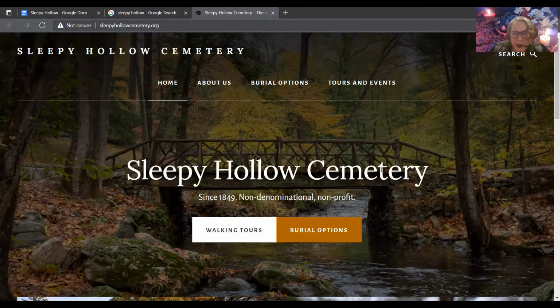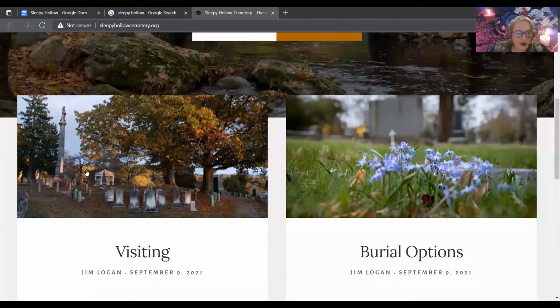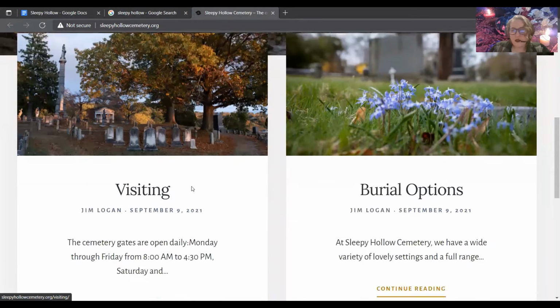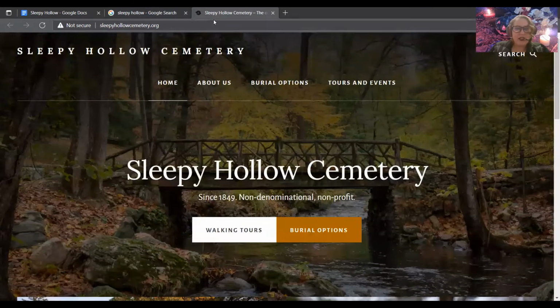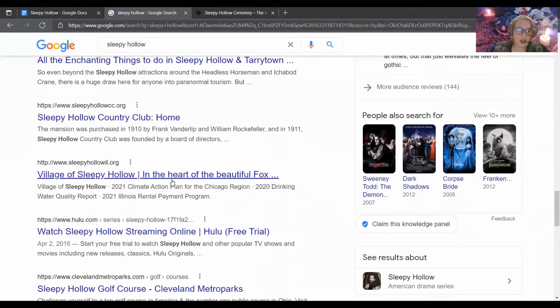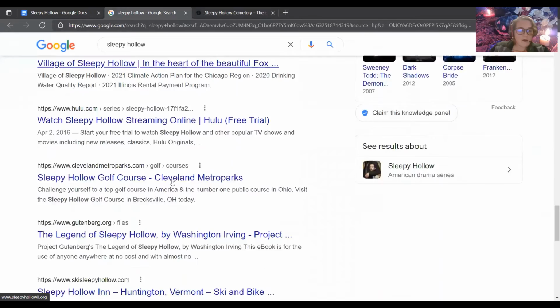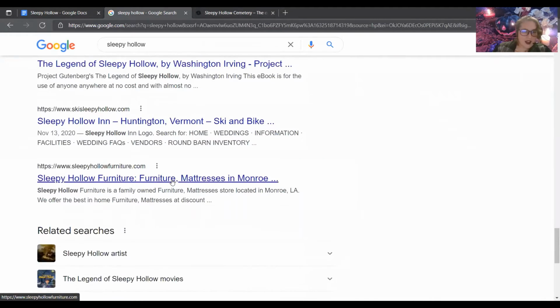I don't remember that bridge that's in the background. That would have been really cool. But I was definitely here at this crypt, and I remember the statue. I found Washington Irving's tombstone, took a picture of it, and I have some really good pictures of some creepy trees. I love to take pictures of creepy trees. It's one of my passions, trees.